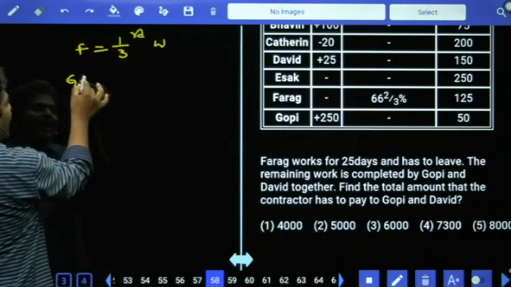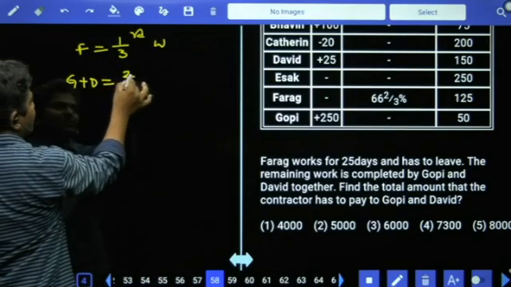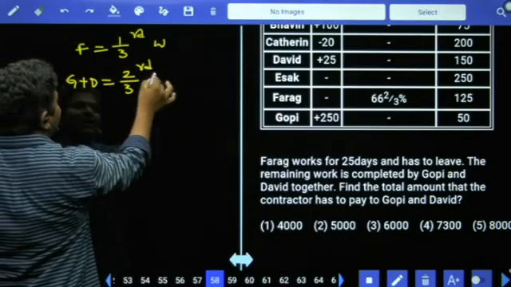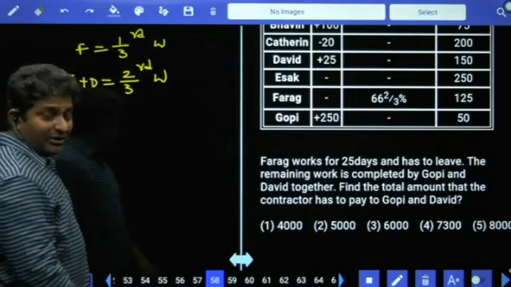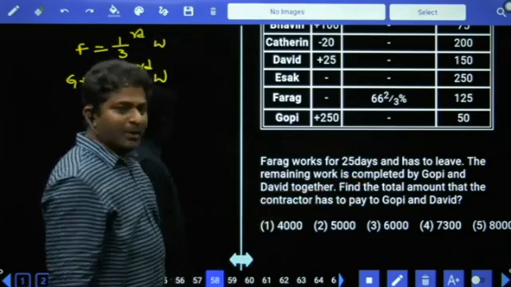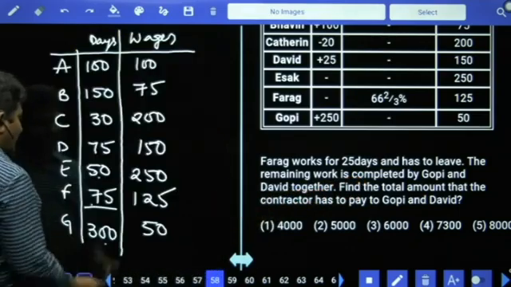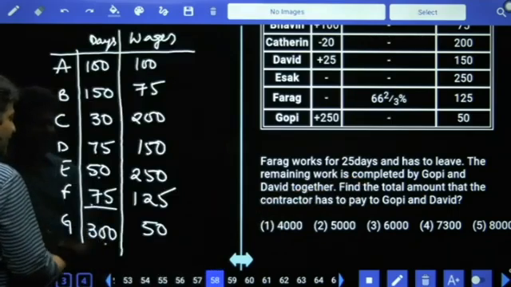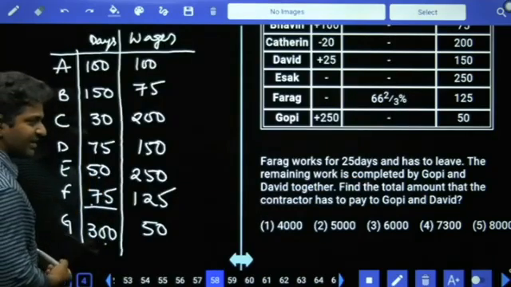Now Gopi and David together should work for the remaining 2/3 work. Gopi and David get how much money? That's your question. Now Gopi's efficiency is 300, David's efficiency is 75.